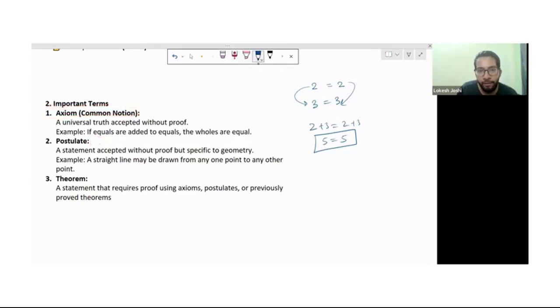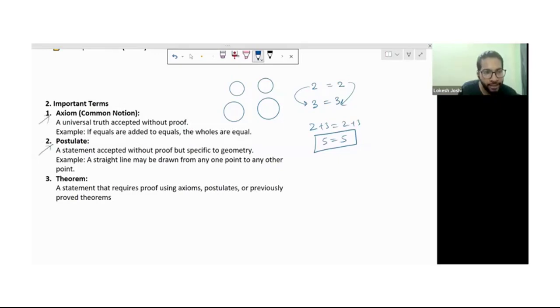For example, if we have a circle, first one there and this is the second one, if we say that the two circles are equal, and if I draw two different circles of the same radius, and if we combine the area of them, it will also be equal.